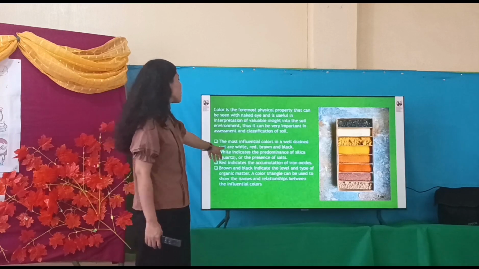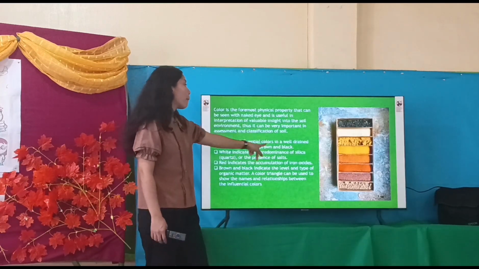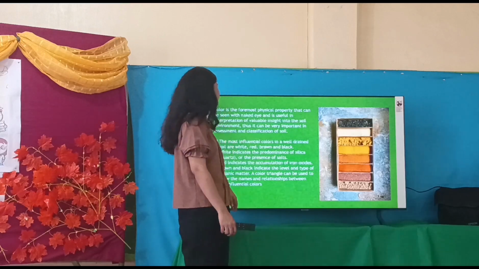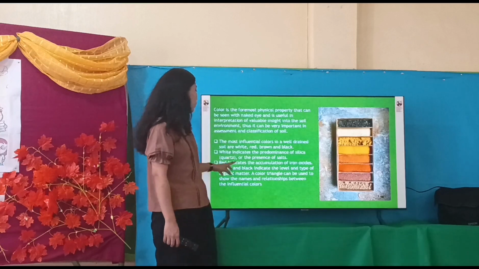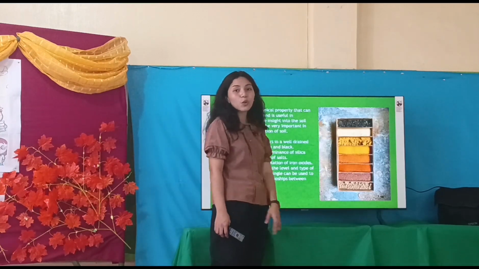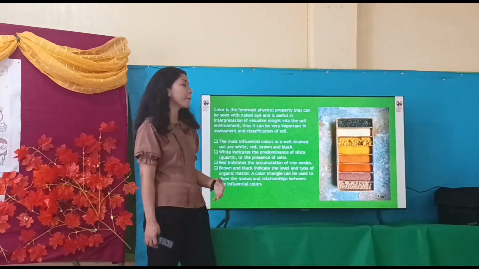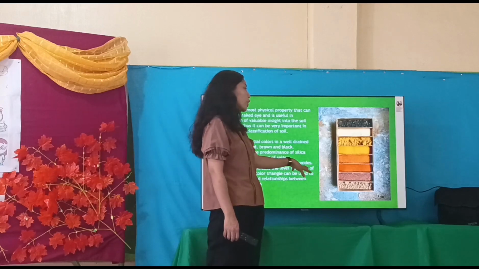So, here, the most influential colors in a well-drained soils are white, red, brown, and black. So here naman, white indicates the predominance of silica or quartz or the presence of salts. Like this one. So may mga presence siya ng salt mineral. So here, red indicates the accumulation of iron oxides.